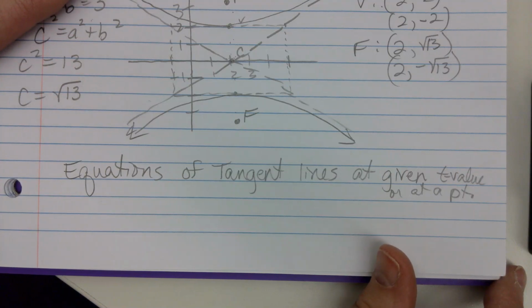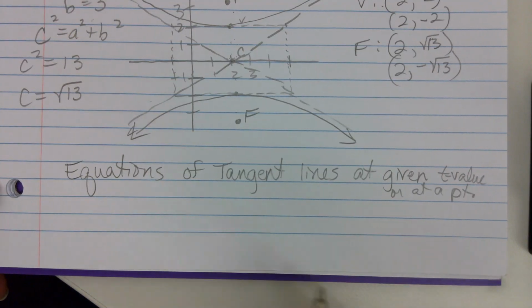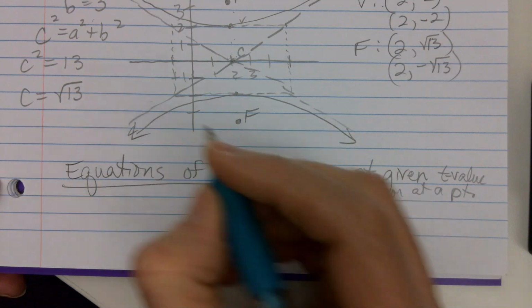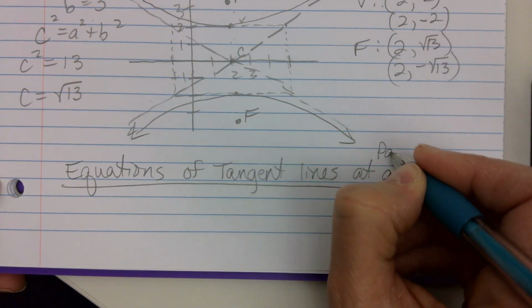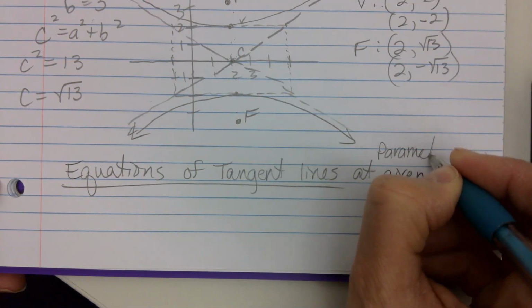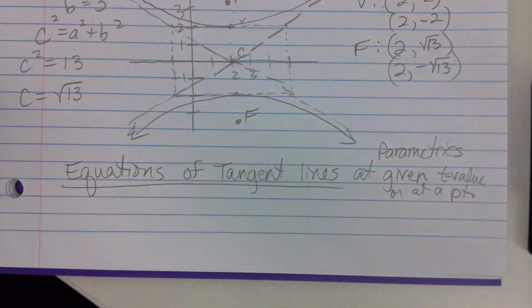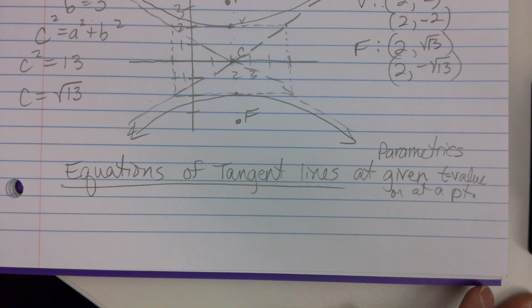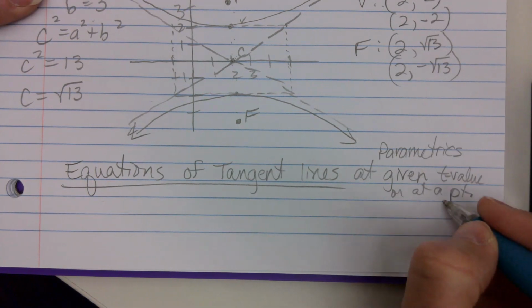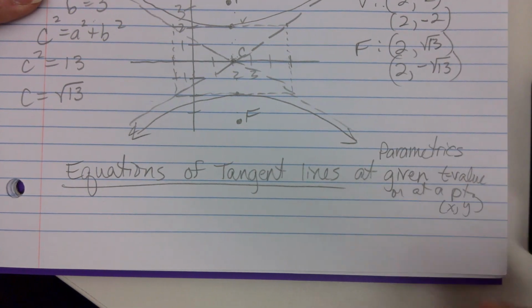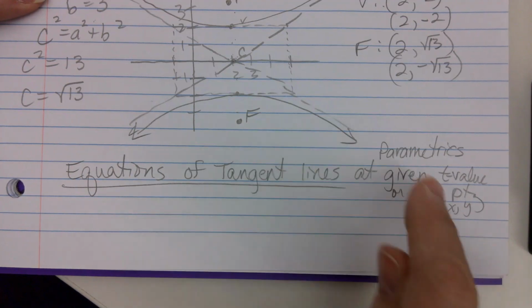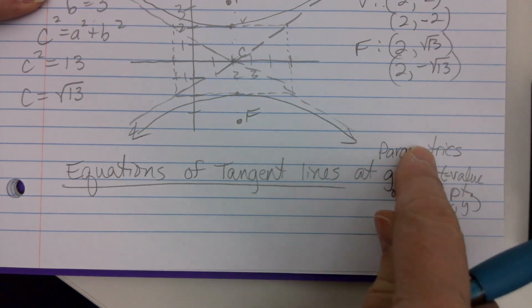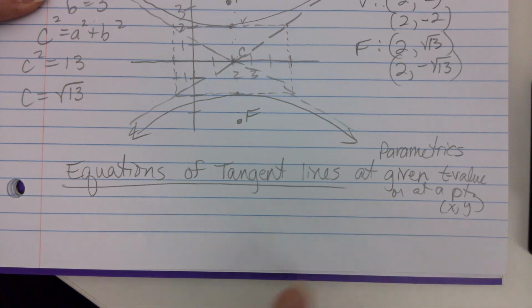Well, if this is in parametrics, your derivative only has what in it? T's. So if I give you an xy point, you just have to find the t value that corresponds with those.